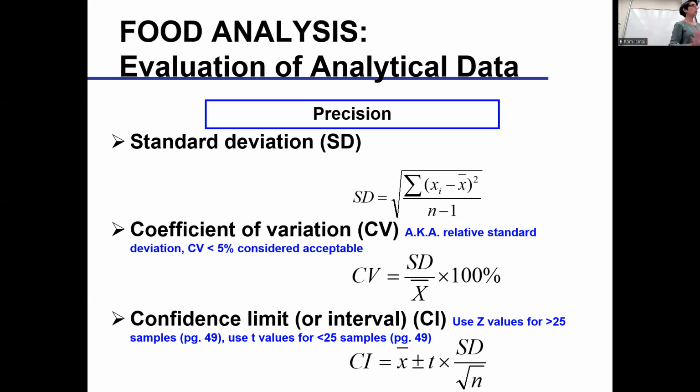In the food analysis world, we often use 95% level of confidence, that we are 95% sure that our mean lies within the specific range. The narrower the range, the better our confidence in our data and in our precision of the data. The narrower the range, the more precise we are.